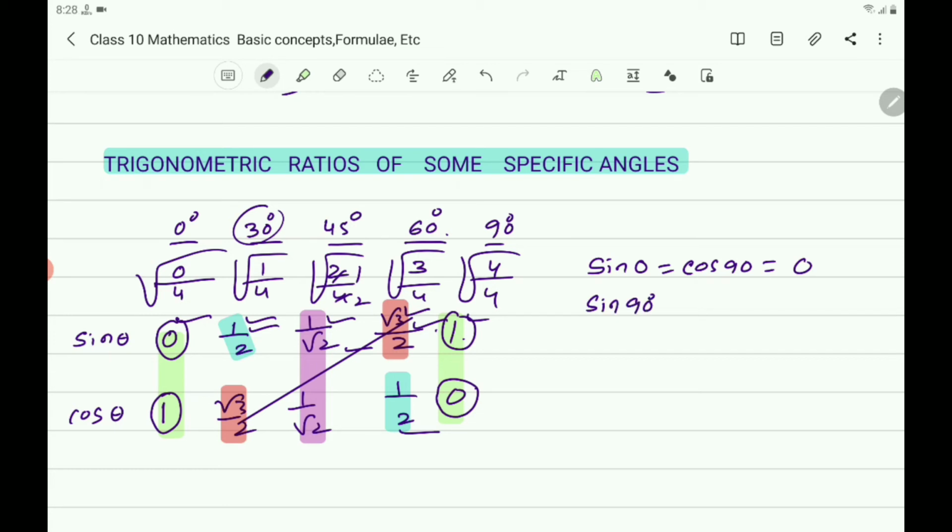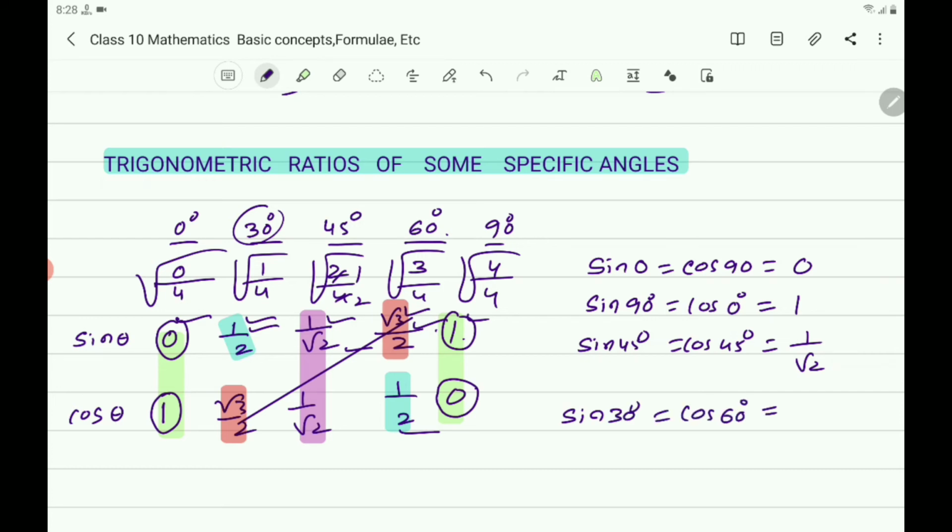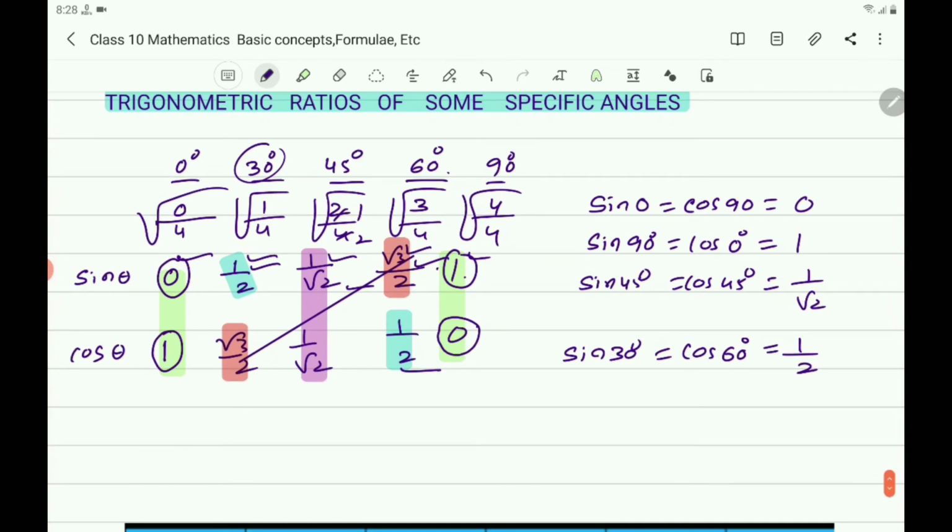Sin 90 and cos 0 are both equal to 1. Sin 45 degree and cos 45 degree are both equal to 1 by root 2. And sin 30 degree and cos 60 degree are both equal to 1 by 2. And sin 60 degree and cos 30 degree are both equal to root 3 by 2.